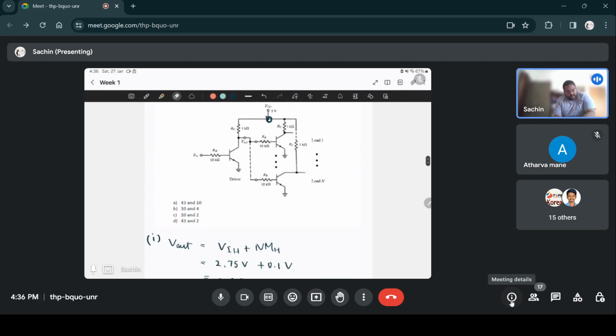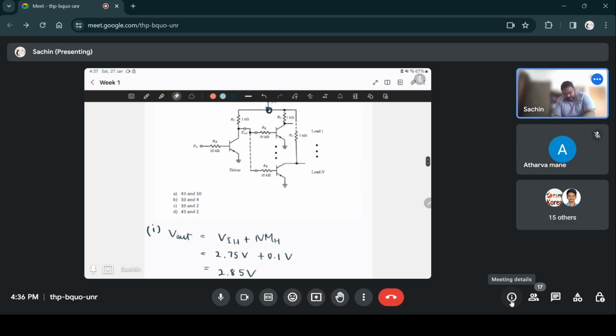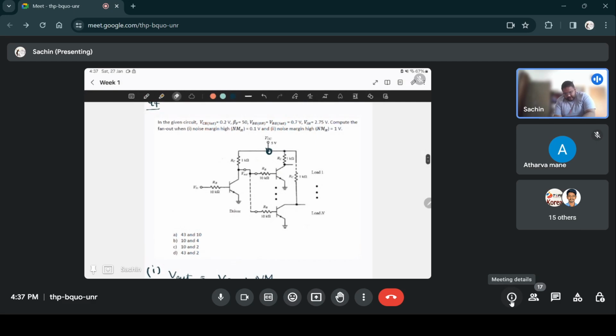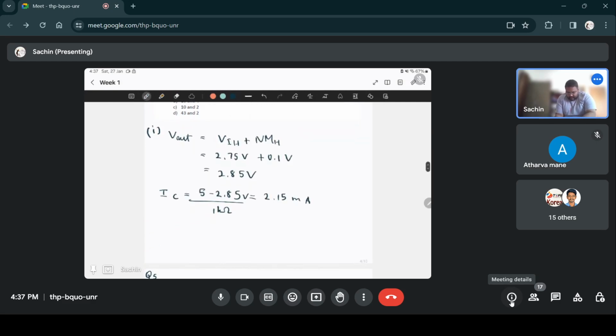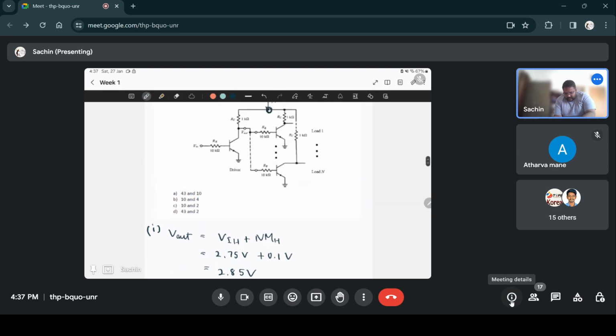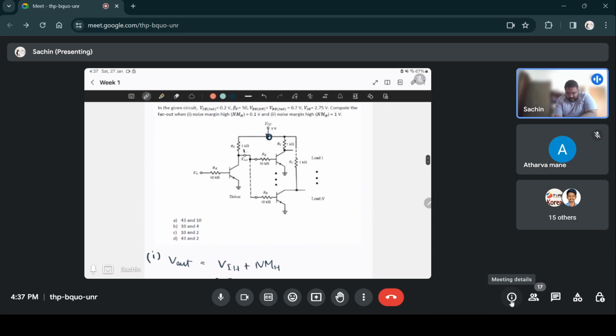So to find out the number of transistors that you can connect to it, we should first find out how much current is flowing into each of the transistors, and that you can do again by applying the voltage drop here. Here you had 2.85 volts and you want these transistors to be turned on. They should go to saturation. So you want this voltage drop to be 0.7 volts. Here they are given, right? VBE sat and VBE on are 0.7 volts.